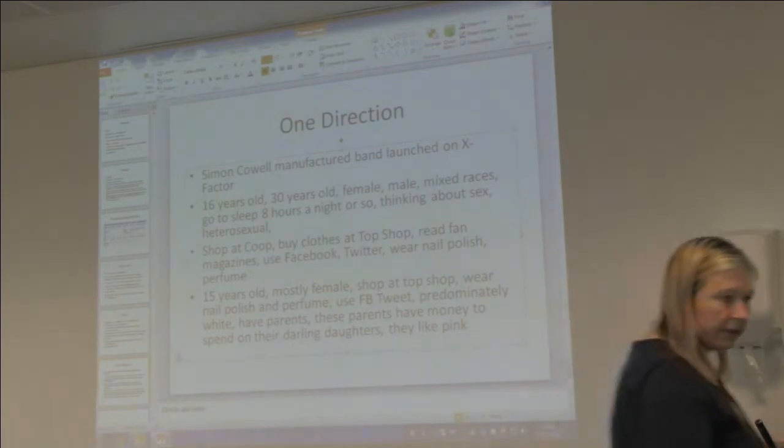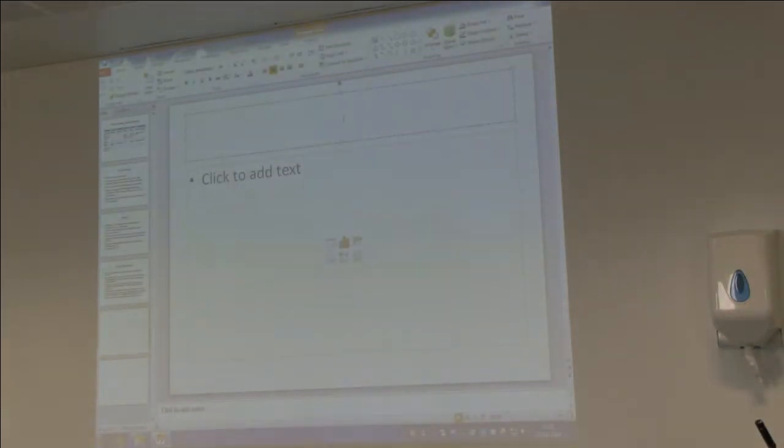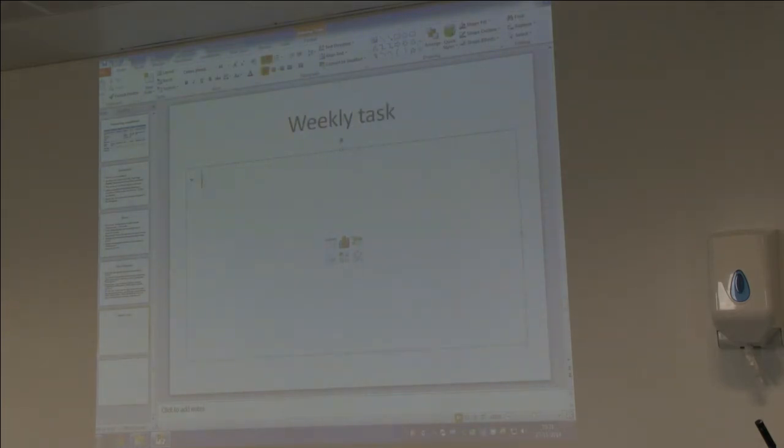Okay, so I'm just going to put the tasks. So we've got the tasks for this week. From the entrepreneur, we need to have some milestones, a milestones chart, or spreadsheet, or table, whatever.